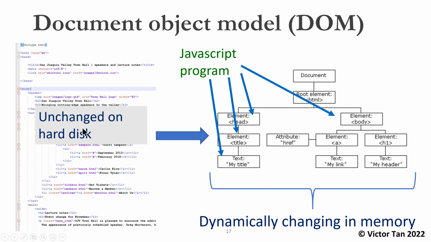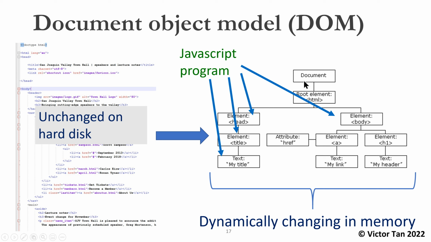After the HTML document is retrieved from the HTTP response, it's just stored on the hard disk, and what the browser will do is take this HTML document, convert it into a DOM tree, and then subsequently the JavaScript program will dynamically alter the contents of the DOM tree. And as the contents of the DOM tree are altered, the view in your web browser will change. So fundamentally this is how a JavaScript program provides interactivity to your web page.